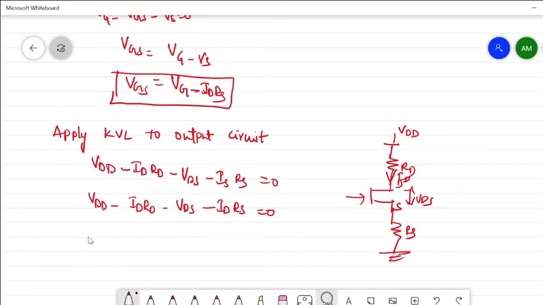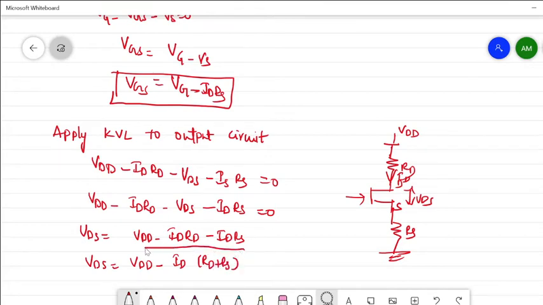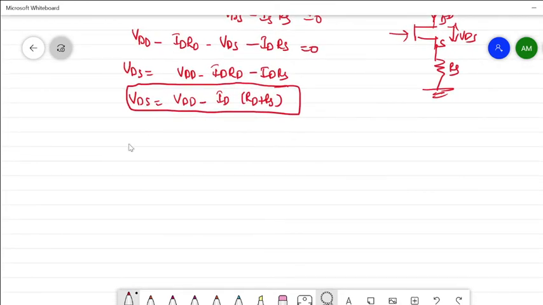We want the VDS value. So VDS is equal to VDD minus ID RD minus ID RS. Finally, VDS is equal to VDD minus ID times RD plus RS. This is the output voltage value.